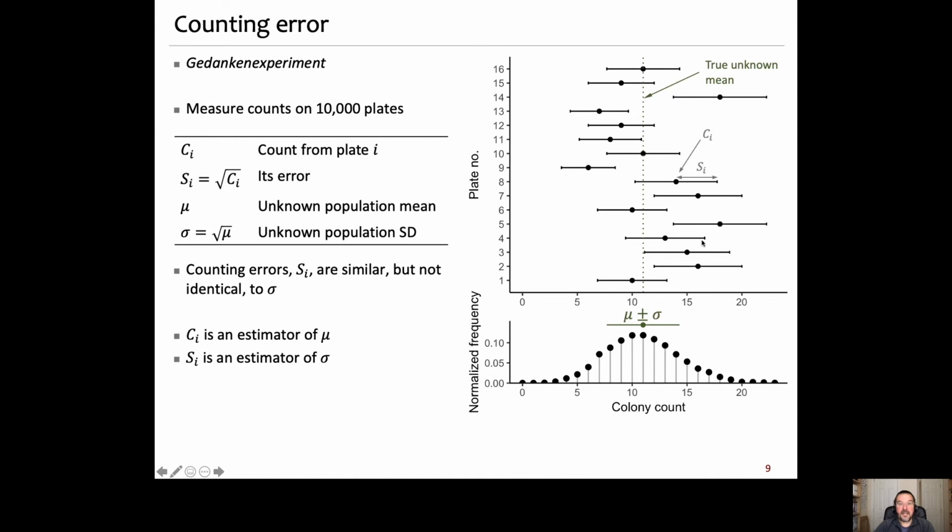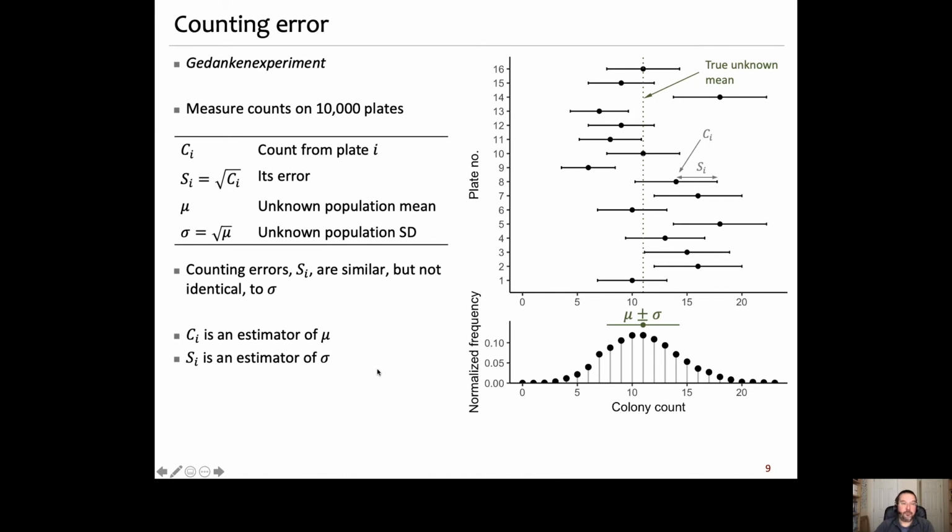As you can see, from a particular experiment, the count can be either lower or higher than the true mean here. And the error can be larger than this or smaller than this. So they are not perfect. They don't give you the final answer of what the mean and standard deviation of this distribution are. They give you an approximation. This is what is called an estimator. I will talk about this in a moment in more detail.